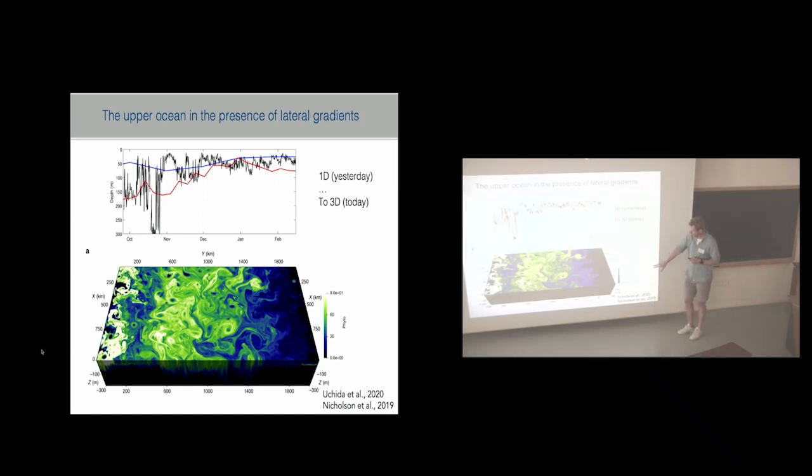Some work done by Uchida and also Sarah Nicholson, who kind of in parallel did these studies independently of looking at how the Southern Ocean impacts, in this case, the flux of the micronutrient iron to the surface layer of the ocean. So this is effectively seen as a kind of iron concentration or a response of phytoplankton growth in the surface layer from iron availability.